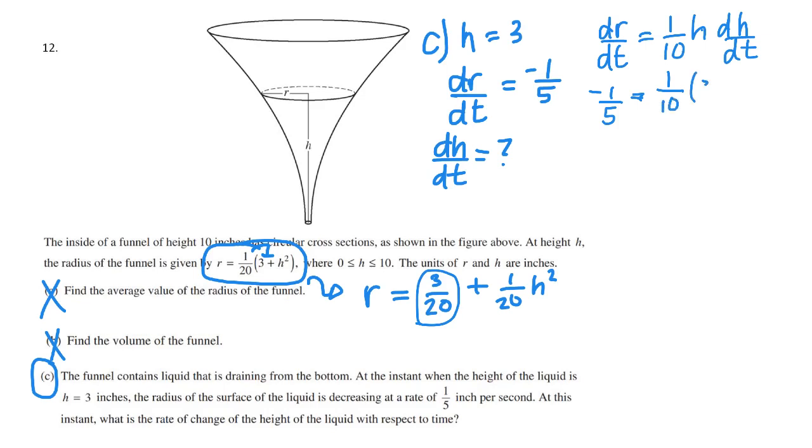Well, h is 3, and I need to find dh/dt. So let's see how it works out. 3 over 10, we're going to multiply by 10/3. So that looks like it's going to give me negative 10/15, and we need our rate, which, looking at the problem, is inches per second, equals dh/dt. And so we found it.